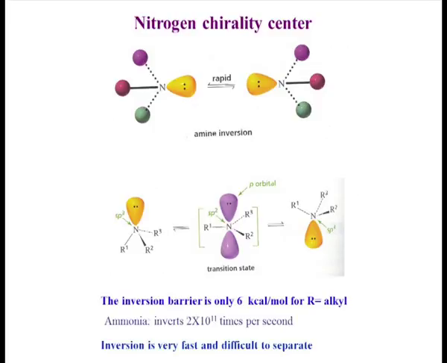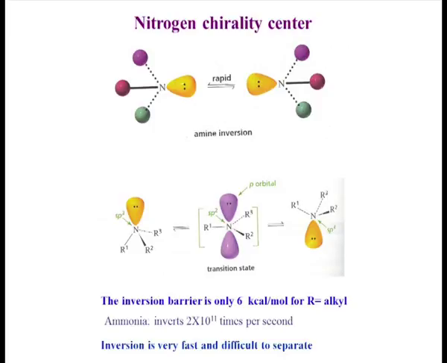Another important thing: sometimes we hear that people talk about chirality only where carbon is present, as if chirality cannot exist at atoms other than carbon. That is not correct. There are compounds where the chirality comes from other atoms, say a nitrogen chirality center.